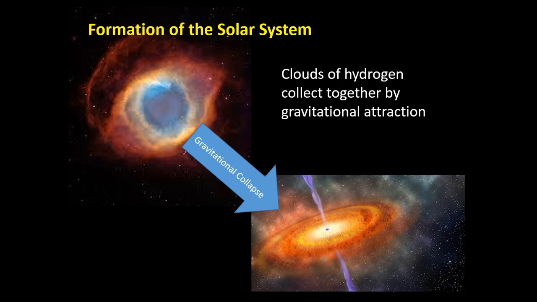Okay, so as matter collapsed into the solar system, it started to rotate out, and as it rotates, imagine like a potter's wheel or some clay on a potter's wheel spinning very fast. What happens? It starts to be pulled out by centrifugal force.